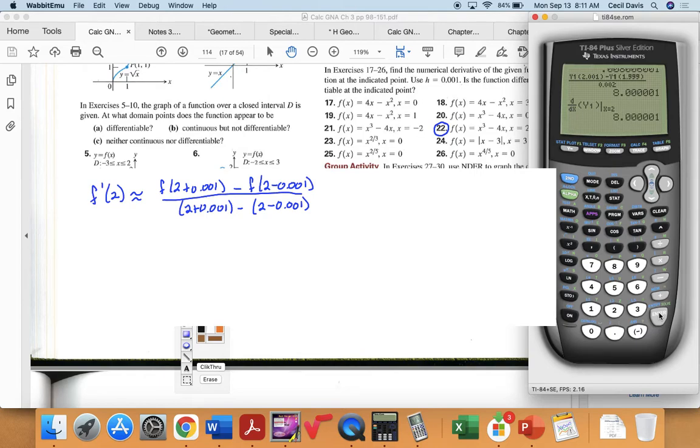Well, for example, if you were doing the absolute value of x minus 3 at 3, that doesn't exist because the left-hand derivative and the right-hand derivative aren't the same. But it's going to tell you that it's 0, because if we look at what that graph looks like, if you move a little to the left of the point and a little to the right of the point and find the slope, it's going to tell you the slope's 0, even though the slope doesn't exist at that point.